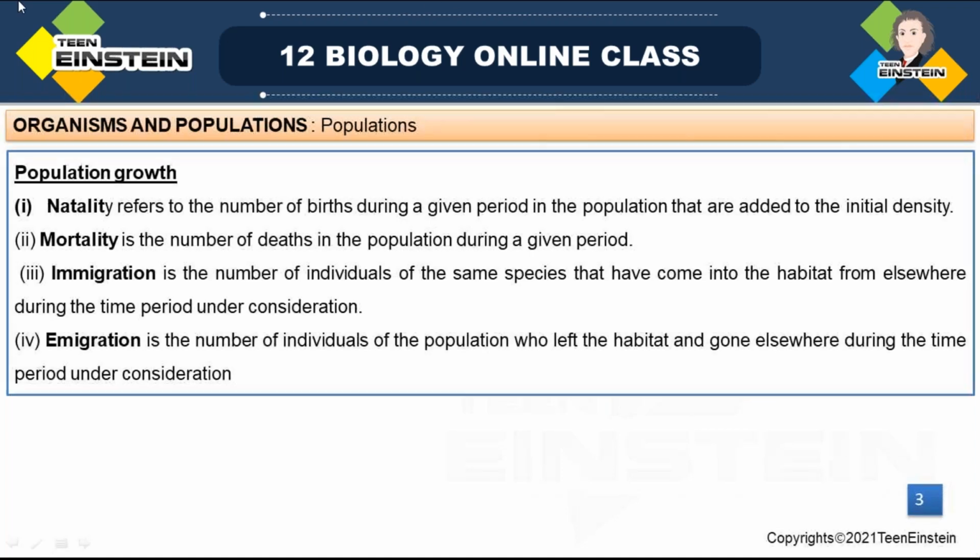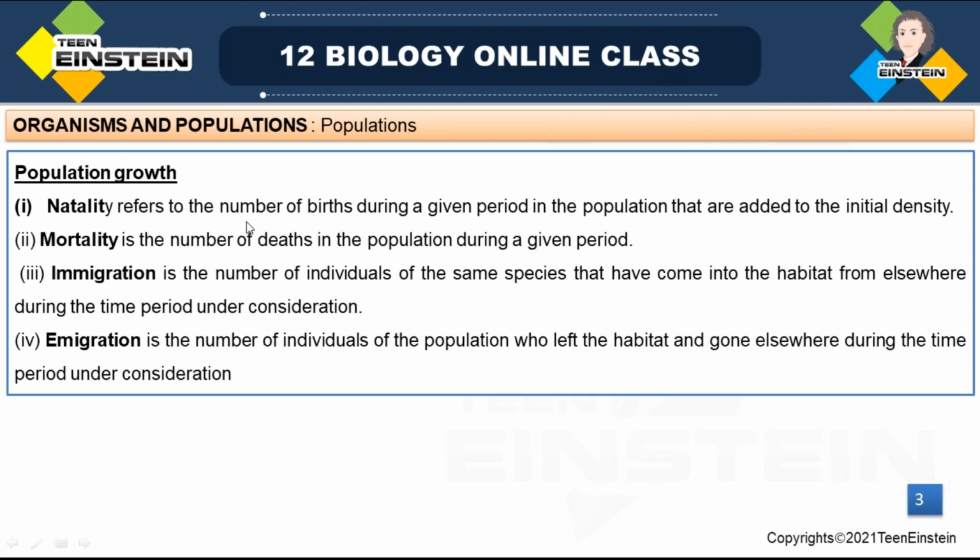First, here you can see natality, the first one. Natality refers to the number of births during a given period in the population that are added to the initial density. Okay.